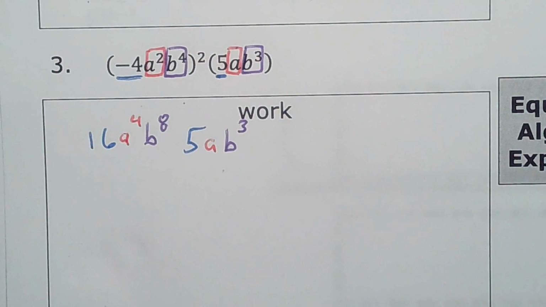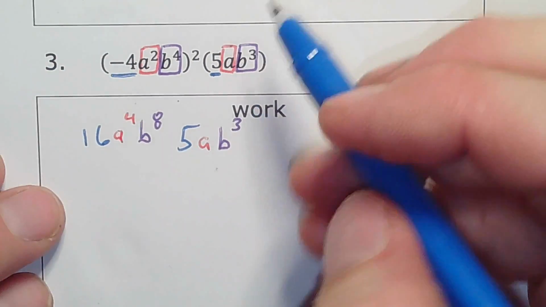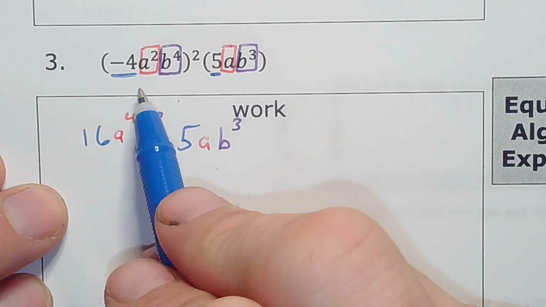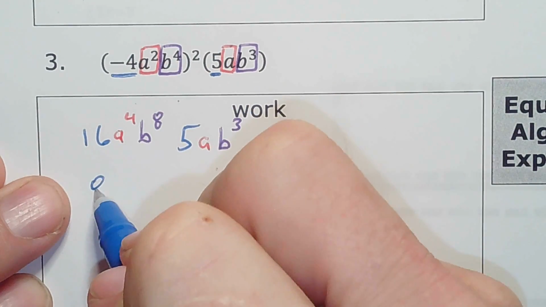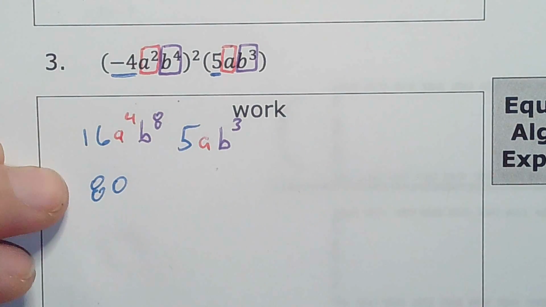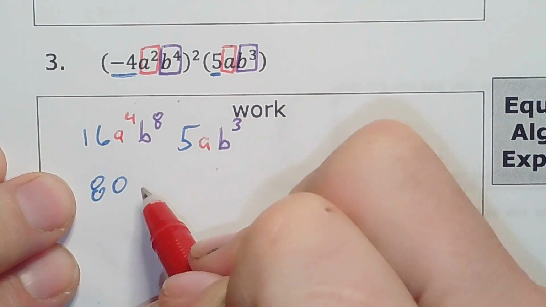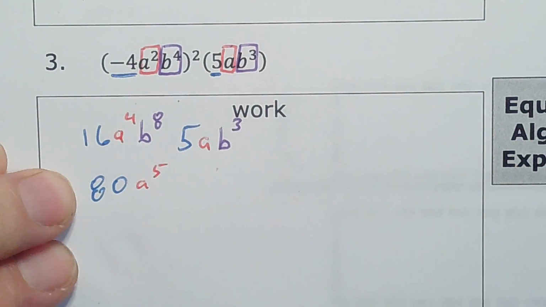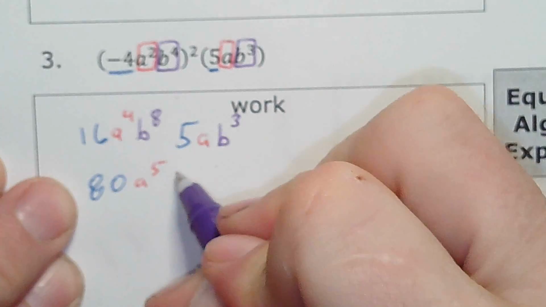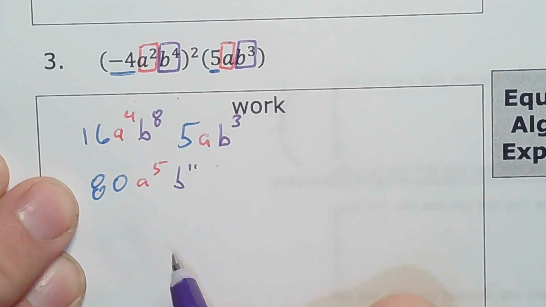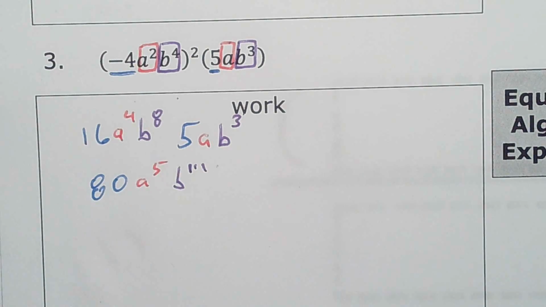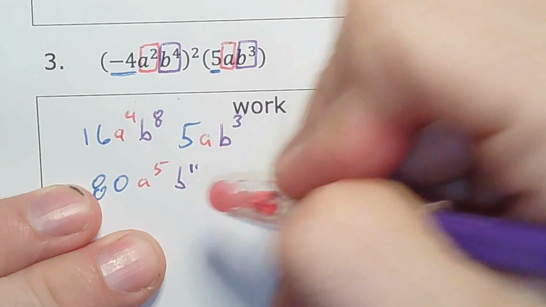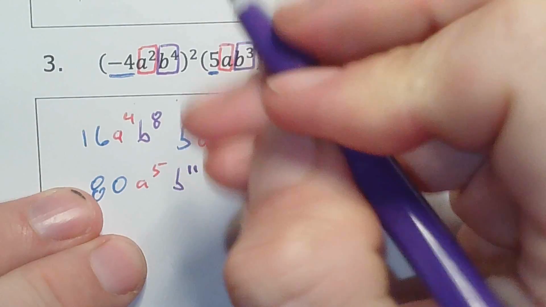And then just like before, 16 times 5 is 80, and then add the exponents: a to the 5th, and then b to the 11th, because 8 plus 3 is 11, and that is the answer for that one. All right, so that's the first 3.